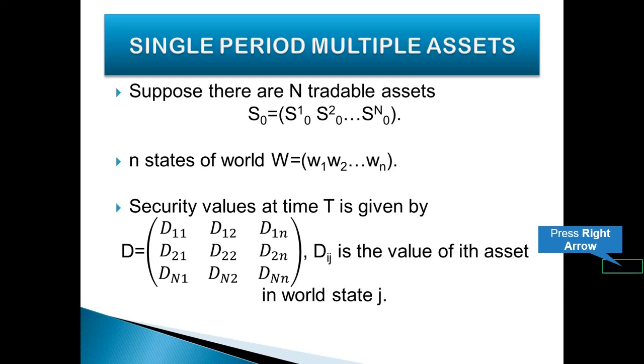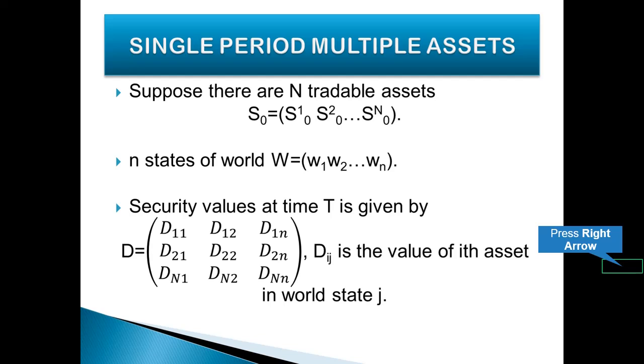Now consider there are N tradable assets. So it's not only S0, it's S10, S20, up to SN0. Total capital N number of assets are there. Together we call them S0. So S0 is not a single stock, not a single derivative; it's a capital N number of things inside.